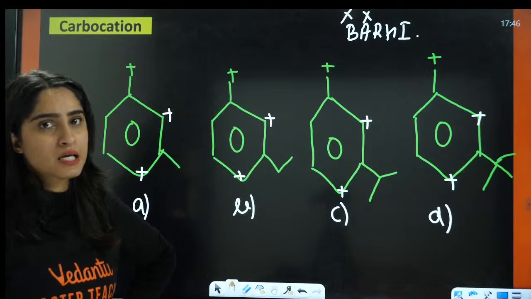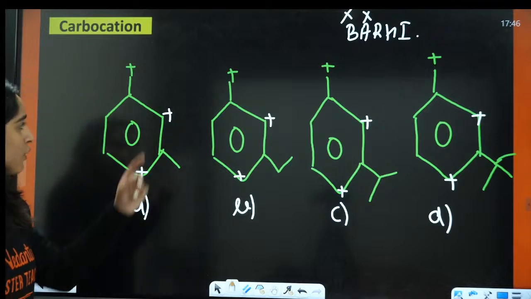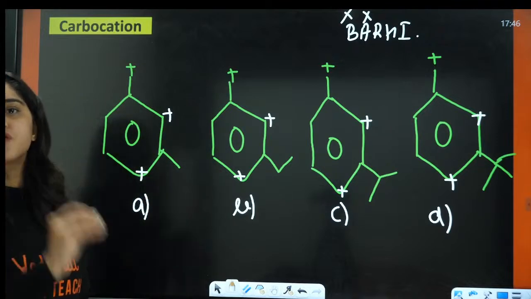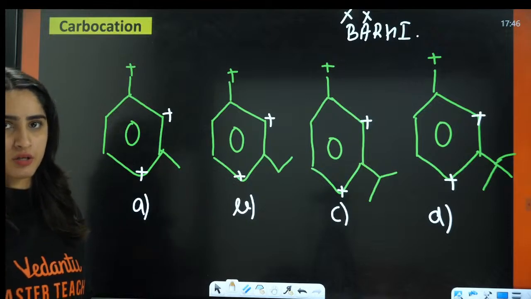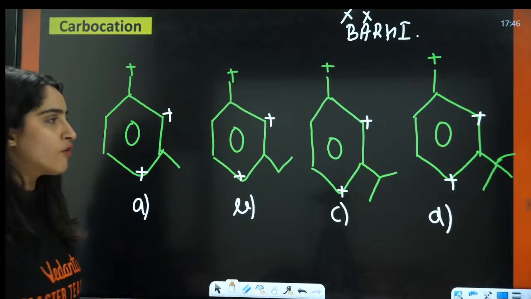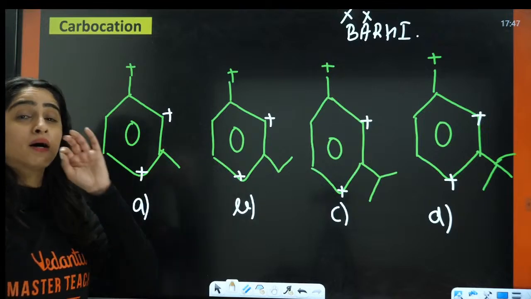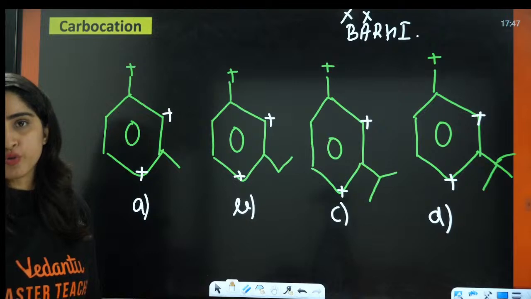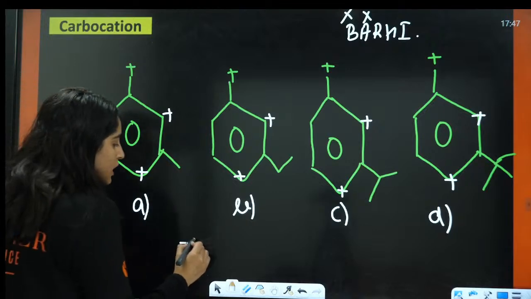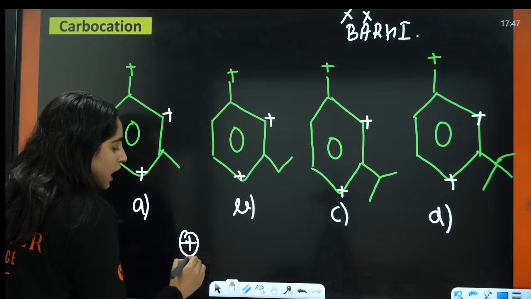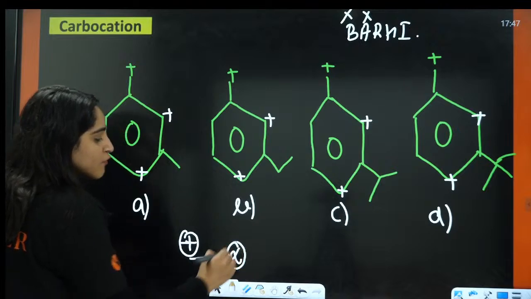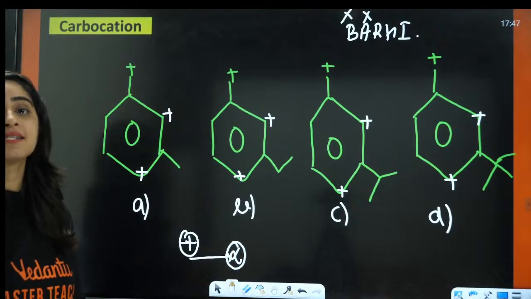So now what you see? Ma'am, but we have positive charge on the ortho and para position. So there is no use of this positive charge here, right? We can't apply hyperconjugation here, right? For hyperconjugation, the number of hydrogen on the alpha carbon of the positive charge defines the stability.